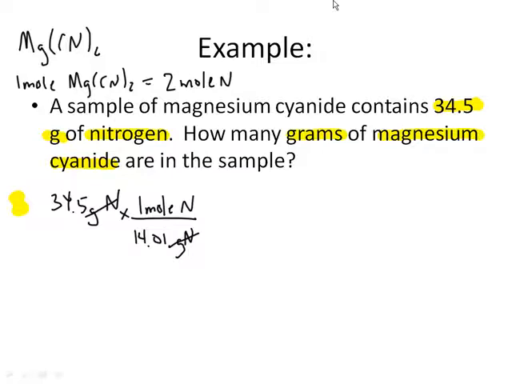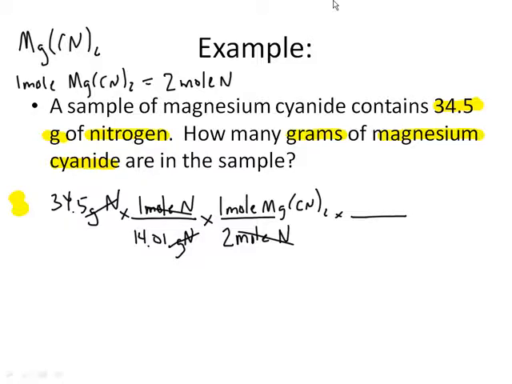So down here I'm in moles of nitrogen, but I need to get to magnesium cyanide, and this relationship that we just figured out is exactly what I want to use. So I've got my 2 moles of nitrogen to 1 mole of MgCN2. So now moles of nitrogen disappear.